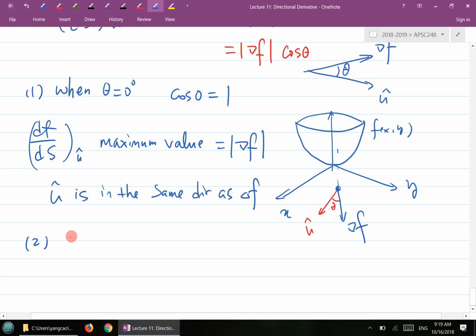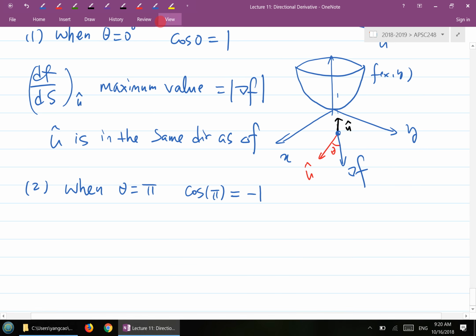So let's look at another special case. Now what happens when theta equals pi? So cosine pi, what does cosine pi equal to? -1. So if this is pi, then u hat is in the opposite direction to del f.